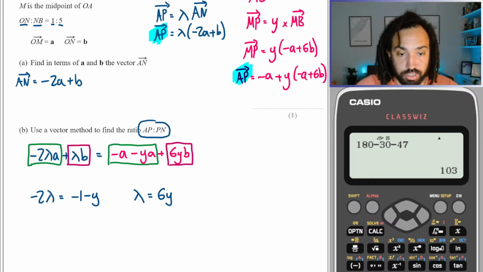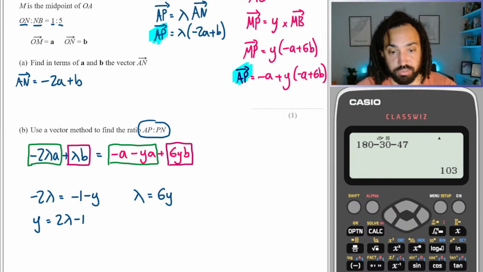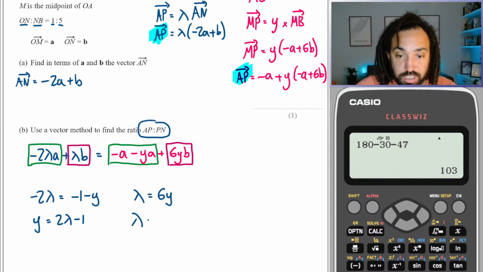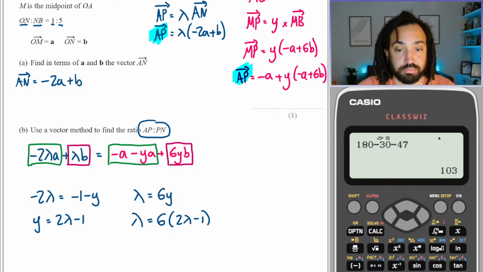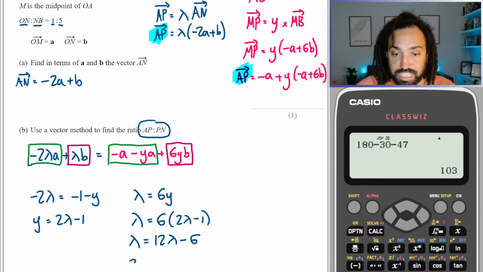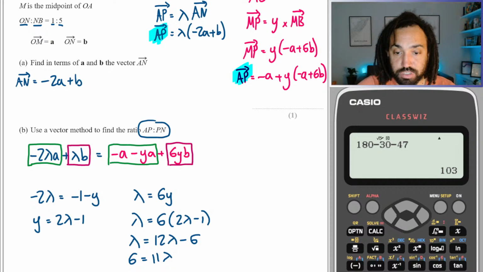I'm going to rearrange this equation. I'm going to move the y to the other side, and I'm going to move the 2 lambda to the other side. And when I move them, they change sign, of course. And what I want to do is find lambda. So I'm going to say lambda is equal to 6 lots of y, which from the other equation I've shown is 2 lambda minus 1. So lambda is equal to 12 lambda minus 6. Rearranging this, I add the 6 to that side and I take away a lambda from both sides.